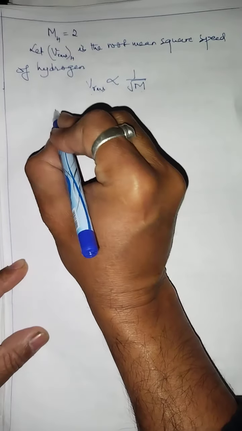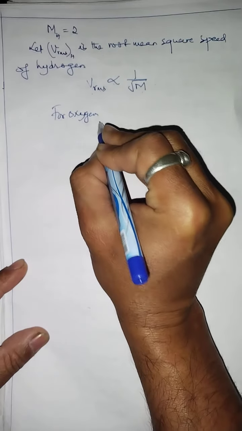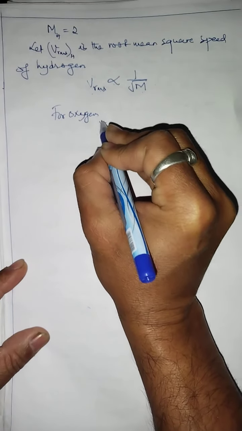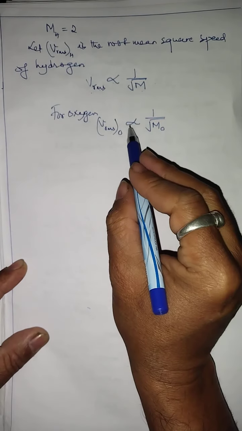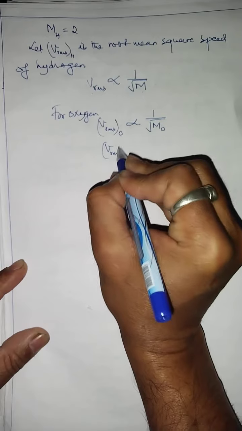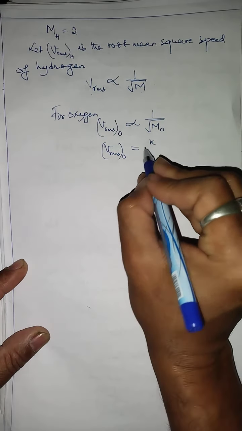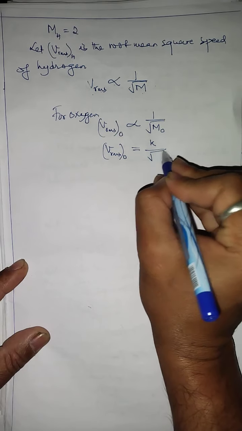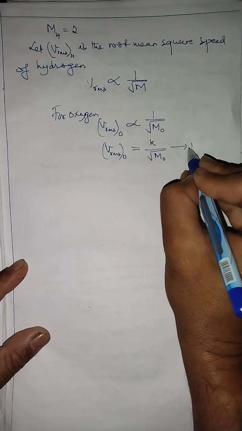If I follow this relation for oxygen and hydrogen, we can easily write it. For oxygen, VRMS oxygen is proportional to 1 by square root of the molecular weight of oxygen. When the proportionality sign is removed and replaced by an equals sign, you put a constant. So VRMS oxygen equals K by square root of MO. This is equation 1.